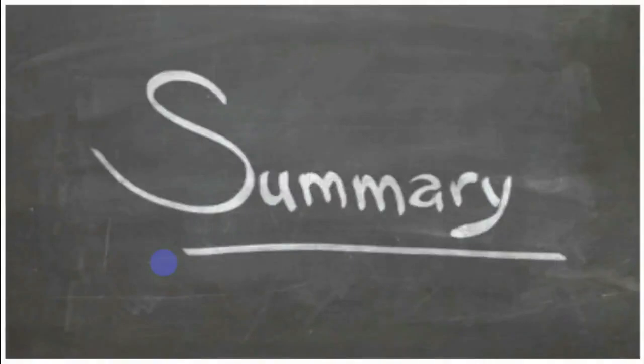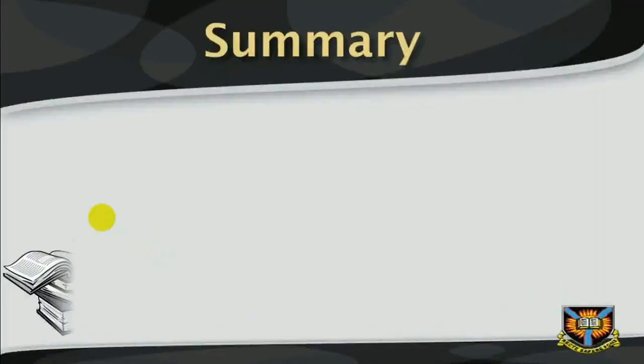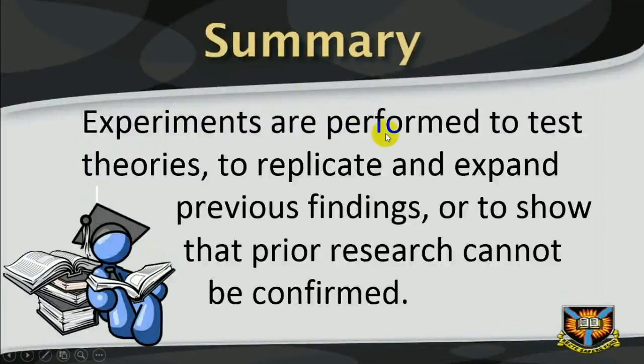Study session summary. In this study session, we have discussed that experiments are performed to test theories, to replicate and expand previous findings, or to show that prior research cannot be confirmed. Only rarely are experiments performed just to see what might happen.